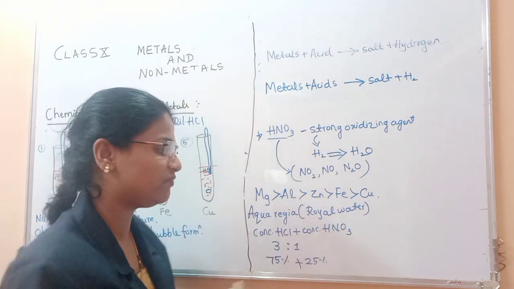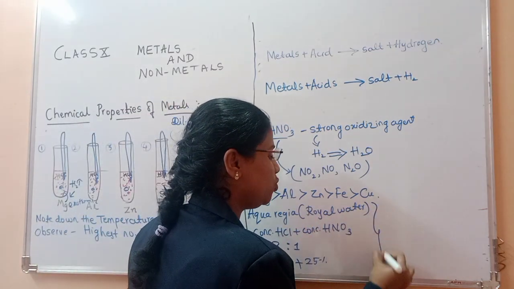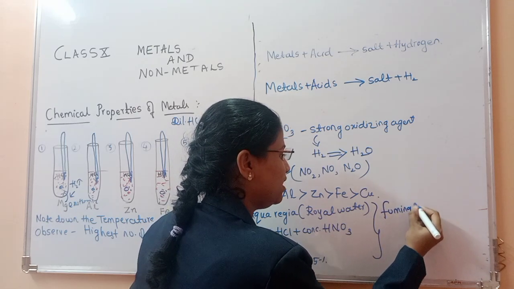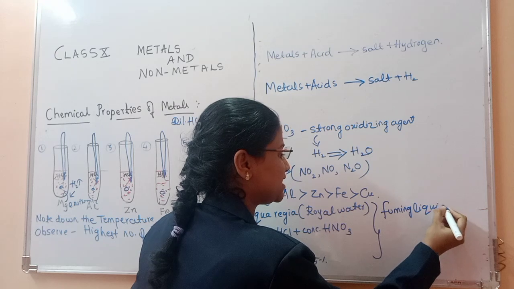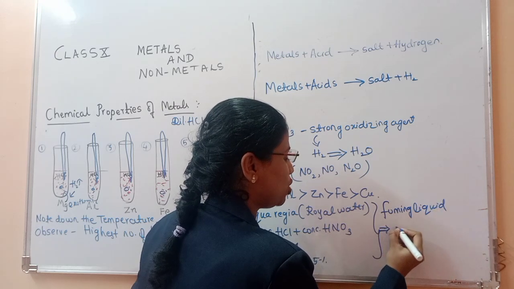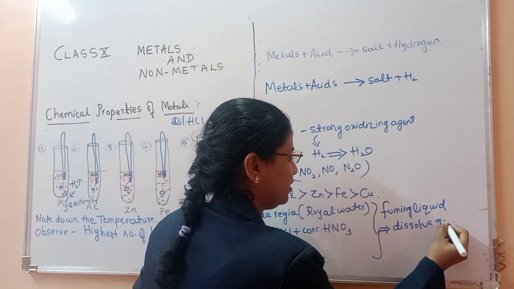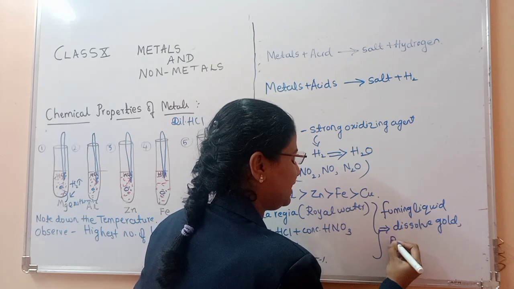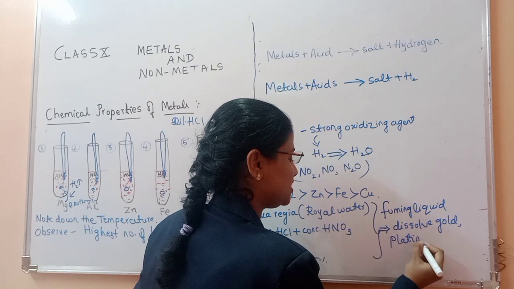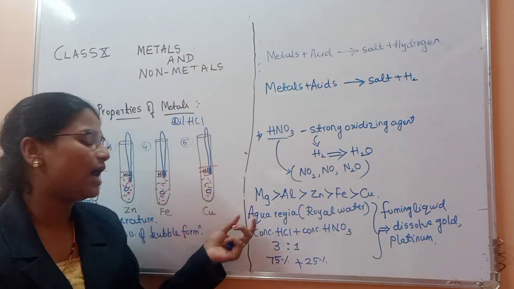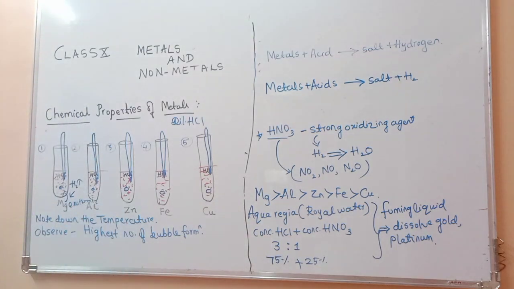What is the use of it? It is a very fuming liquid. It will always be producing fumes, and it has so much strength that it can dissolve gold and platinum. That much strength is there in this solution, which is called aqua regia, royal water.